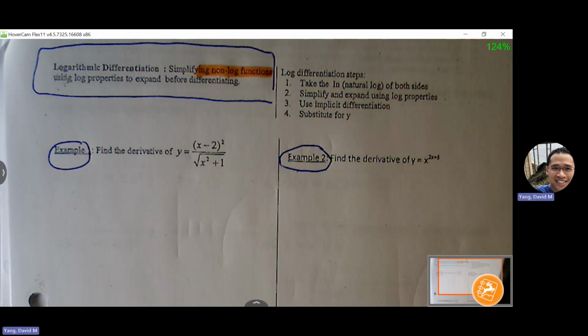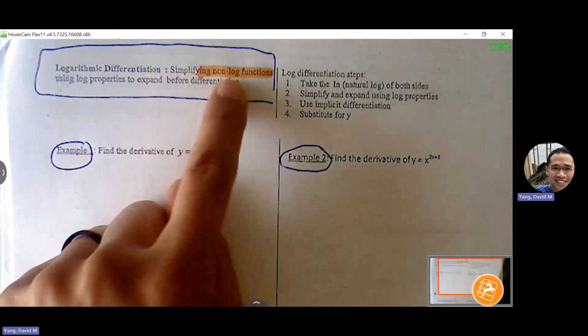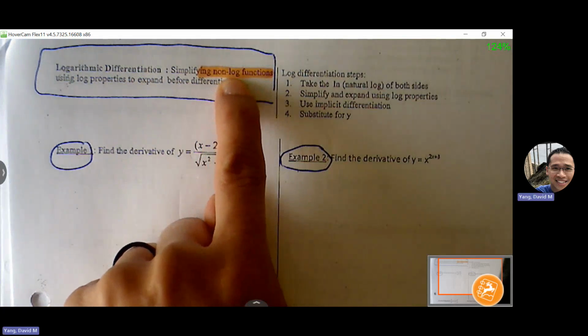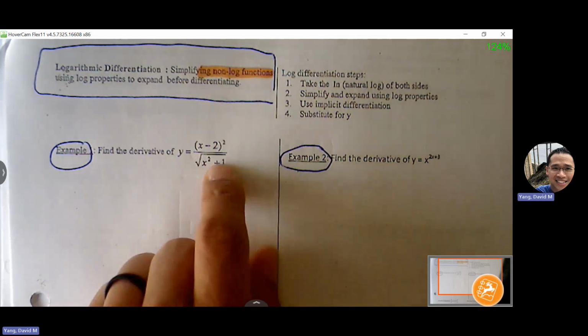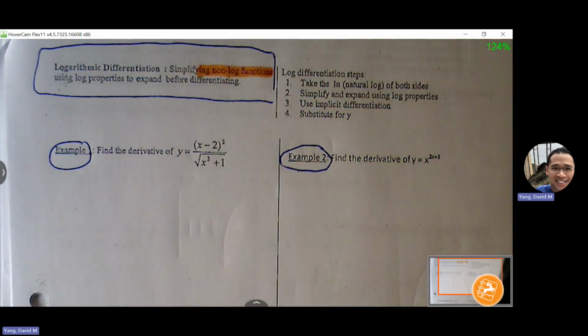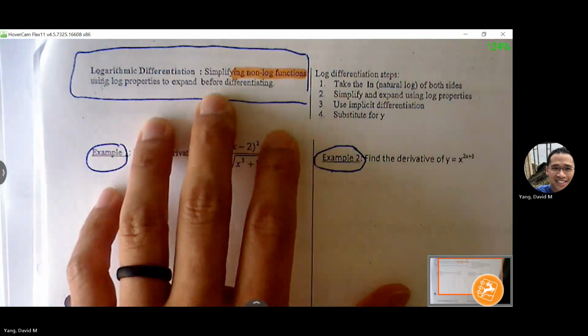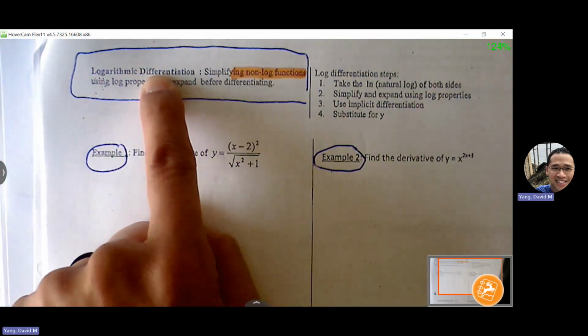If we can take a log expression and split it up into easier parts, that's a nice feature to have. So the idea here is, what if a function does not have a log? What if we introduce logs into something that has no logs? Then all of a sudden, we're going to have all these properties available to us, which we can then apply. But this only works if there's no logs in the problem. Okay?